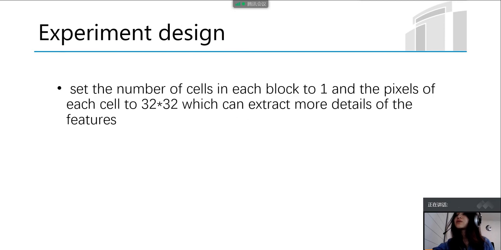In extracting HOG features, we set the number of cells in each block to 1 and the pixels of each cell to 32, which can extract more details of the features.